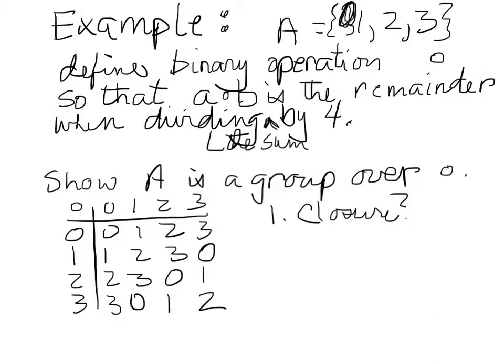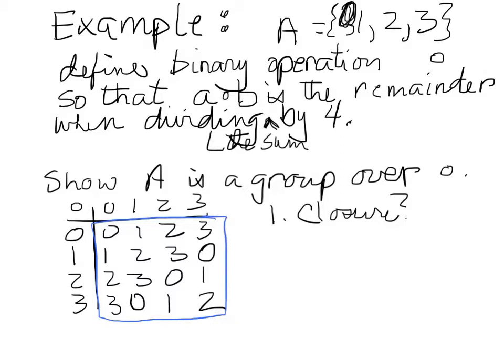And I have to be able to answer that question, but what I see is that no matter what elements I combine, when I look at all the elements here, I see just the elements I begin with.